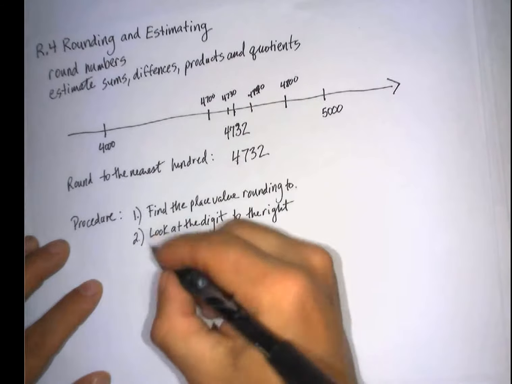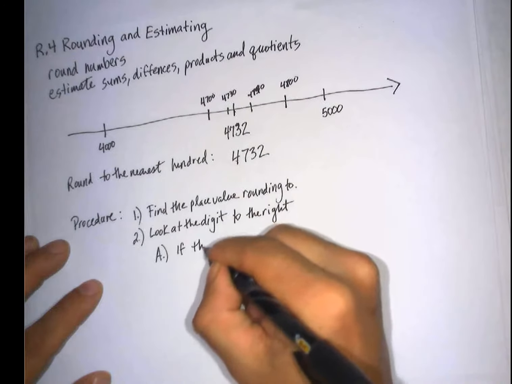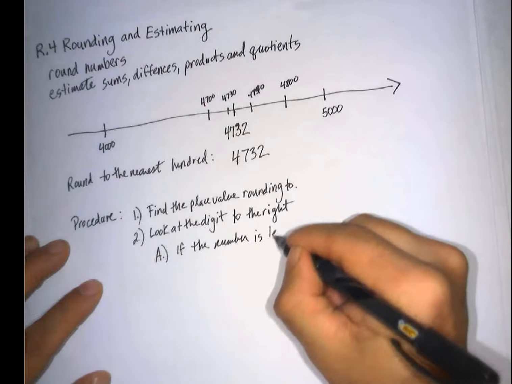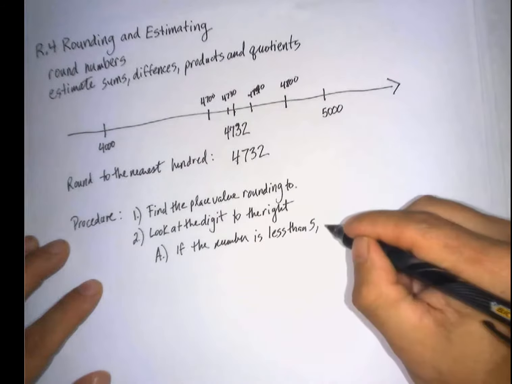And then we're going to make a choice here. If that number is less than 5, we're going to do what's called round down.